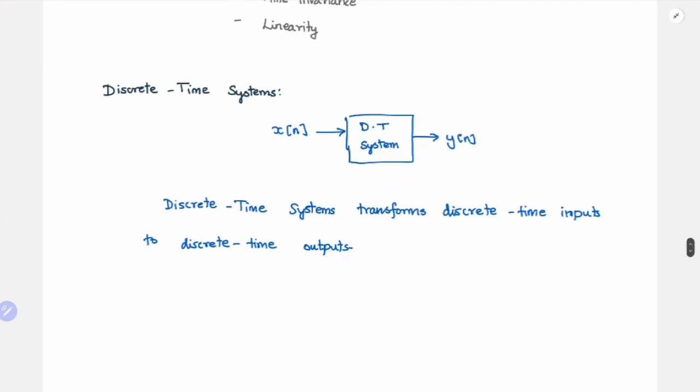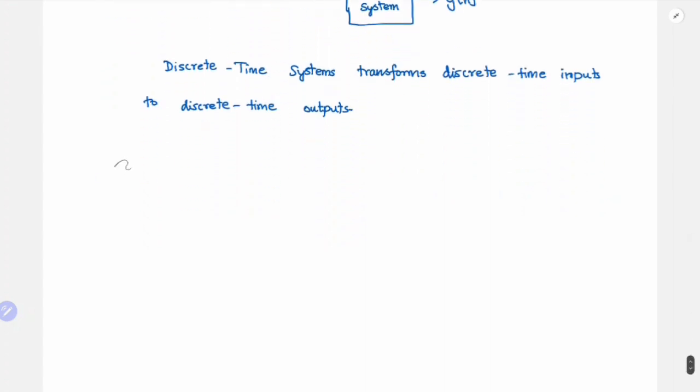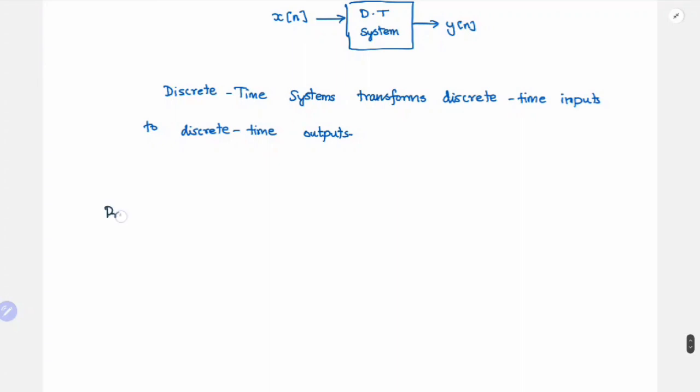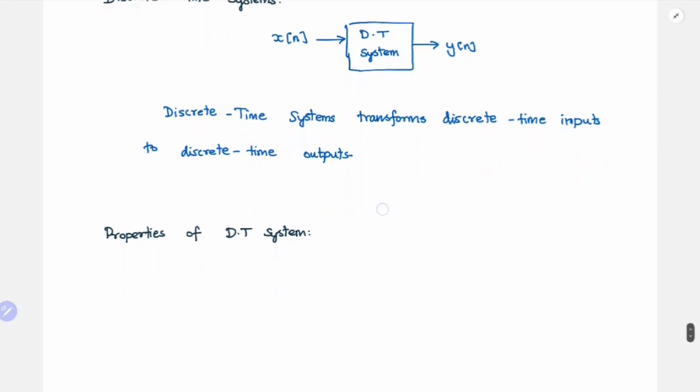Okay, so we'll see the properties of the discrete time systems, so based on the properties, how they are classified. So this will again be a repeat as a review as we saw it for the continuous time case.